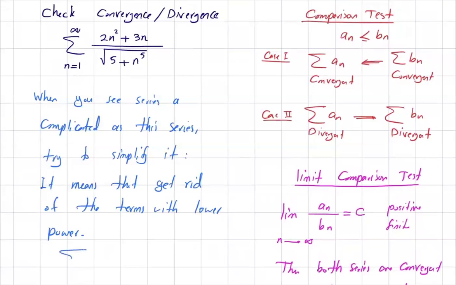This is the summation of 2n squared plus 3n divided by square root of 5 plus n to the fifth. N starts from 1, goes to infinity.